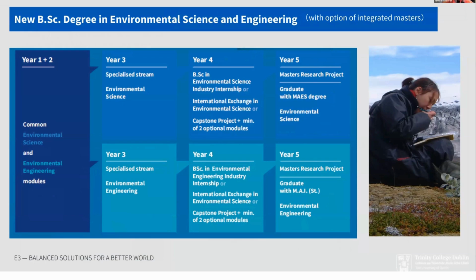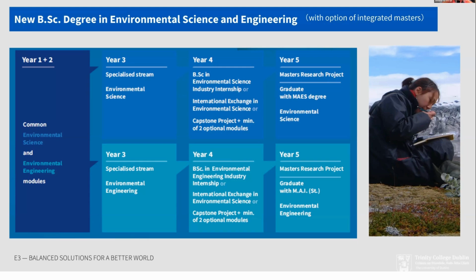So this is a fairly new degree program. It's 5 years, so it's a 4-year degree in applied environmental science with an integrated 5th year, which is a master's. The first 2 years offer foundational environmental engineering and environmental science. And then from year 3 onwards, you specialize into one of 2 streams.